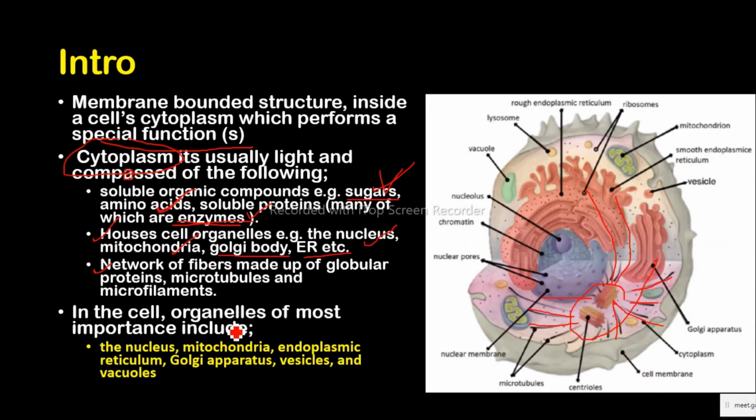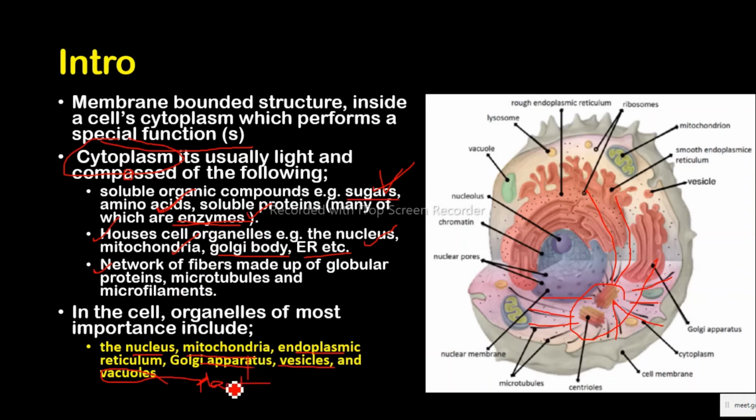So in a cell, the organelles of most importance, yes, they are all important, of course, but obviously, one must be more important than the other. So you have the nucleus, you have the mitochondria, you have the ER, the Golgi apparatus, the vesicles, and the vacuoles in case of plant cell.